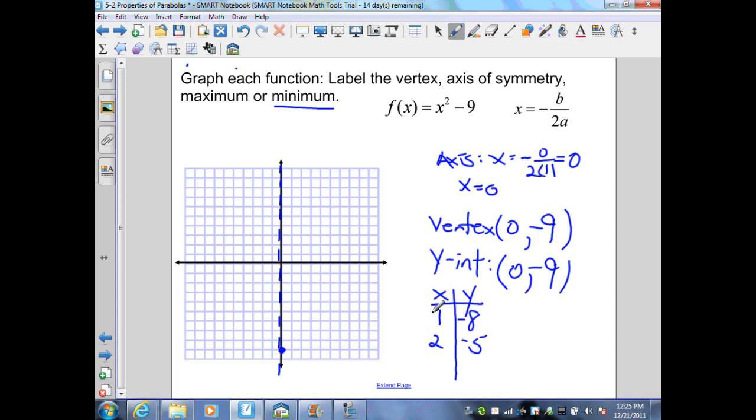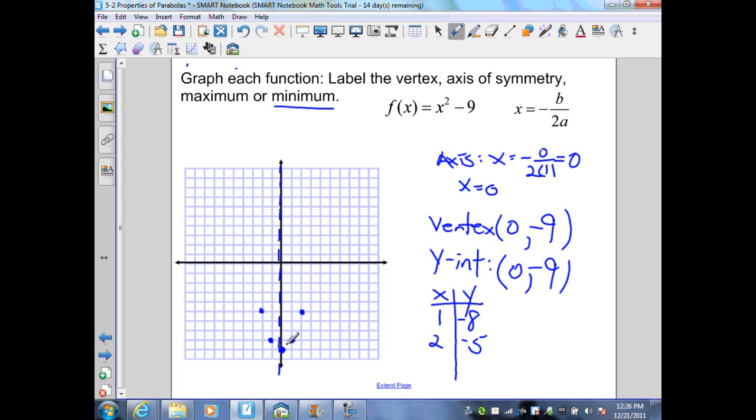I can now graph each of these ordered pairs and their reflection over the axis of symmetry. So (1, negative 8). And I'll map that over the axis of symmetry. And (2, negative 5). And then I'll map that over the axis of symmetry.